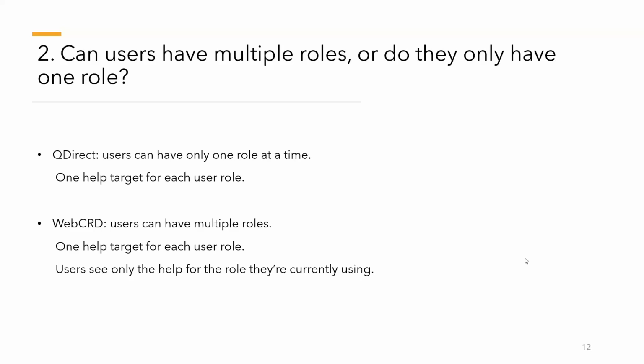So instead, we took the approach that whenever you're using a specific role in the application, that's the help that you get. And the administrator actually has all the help in a single help window, so they're the person that can see all the help in the application.